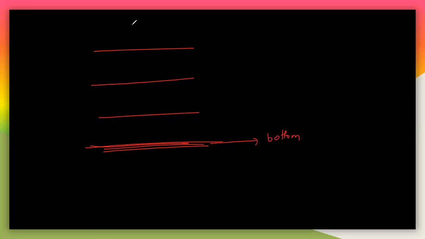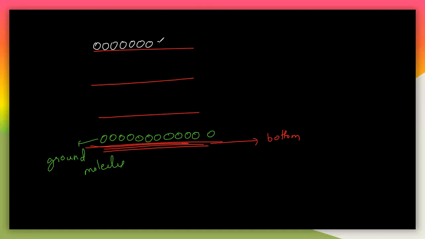The ground molecules, these are the molecules which are at the bottom here. సో ఇవి బాటమ్ మాలిక్యూల్స్ అన్నమాట, ఇవి గ్రౌండ్ మాలిక్యూల్స్ అన్నమాట, మొత్తం అడుగున ఉన్నాయి. సో వాట్ ఎవర్ ద సర్ఫేస్ మాలిక్యూల్, ఐ విల్ షో విత్ అదర్ కలర్ లైక్ దిస్. Let us say these are the upper molecules, the white color ones.